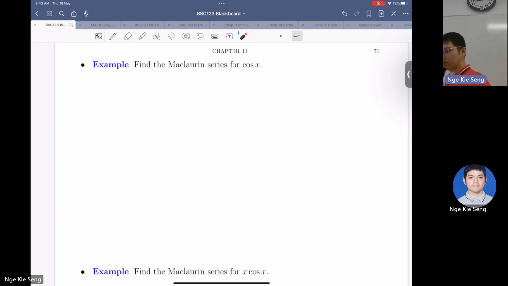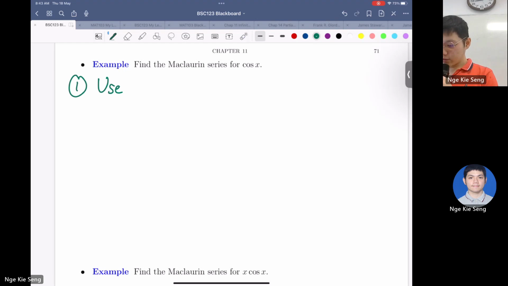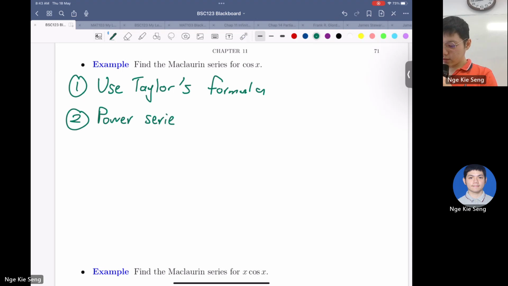But we also can use term by term differentiation here. So let's see what to do. First, you use Taylor's formula. Second, I want to use the power series representation with term by term differentiation.